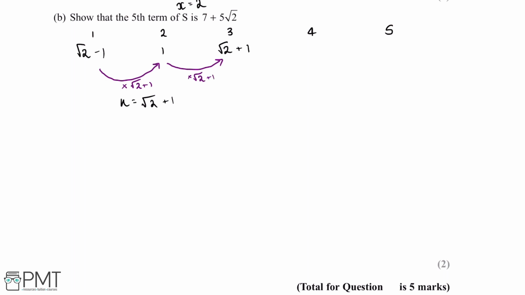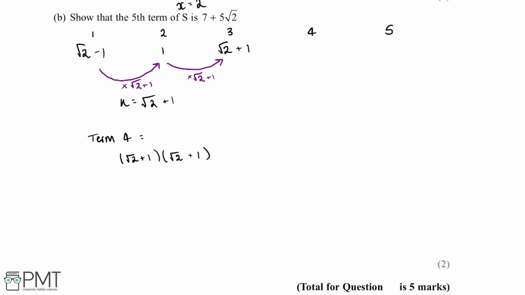Now what it also means is to get from term 3 to 4, we need to multiply root 2 plus 1 by root 2 plus 1. So this means that term 4 is equal to root 2 plus 1 multiplied by root 2 plus 1. Now we can either work this out on our calculator or do it by hand.